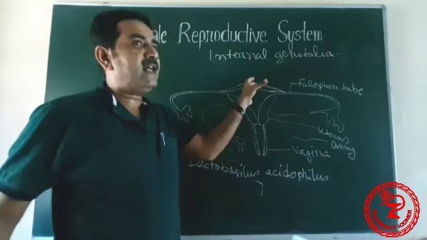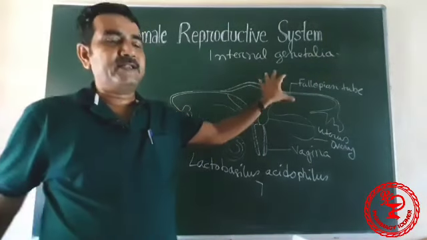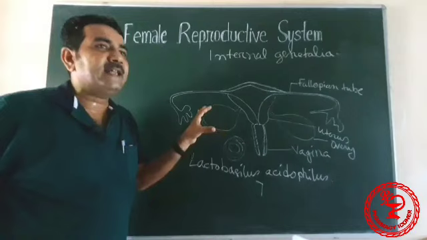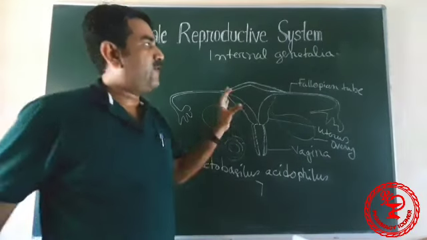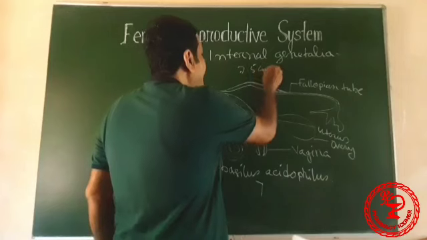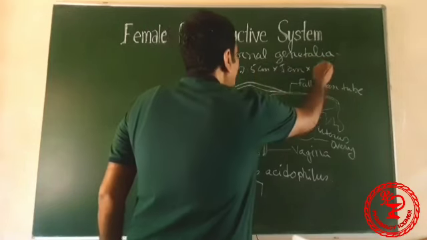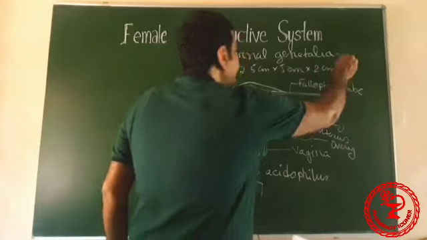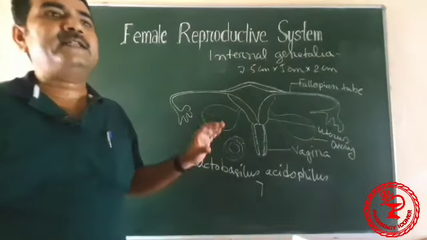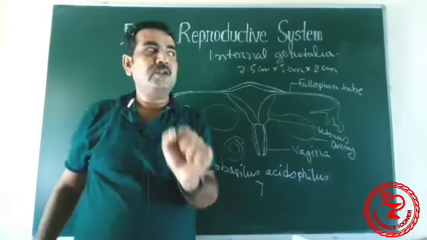Above the vagina, in front of the vagina, there is the uterus. The uterus has a dimension of 7.5 cm by 5 cm by 2 cm. Approximately, it is almost the size of a large matchbox.